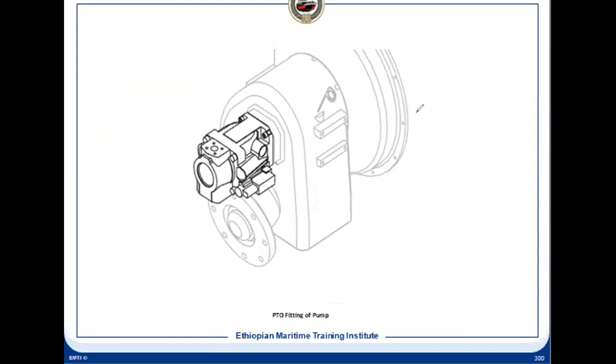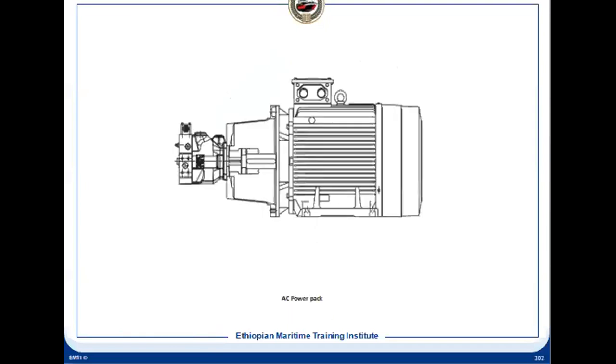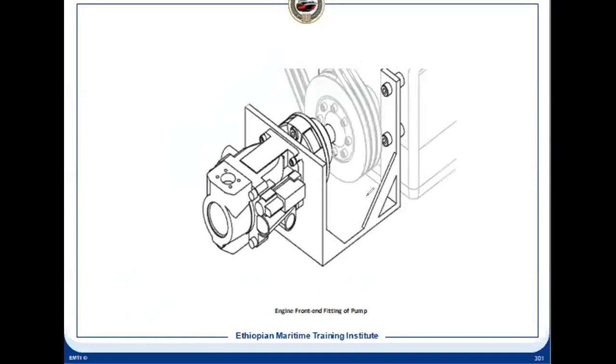It can be driven by an electric motor as well as by the engine. Like Framo, they have a power pack where some of the pumps will be engine driven, some will be electric motor driven, so that our generator power requirement will be less. So this is electric driven AC power, whereas this is engine driven.